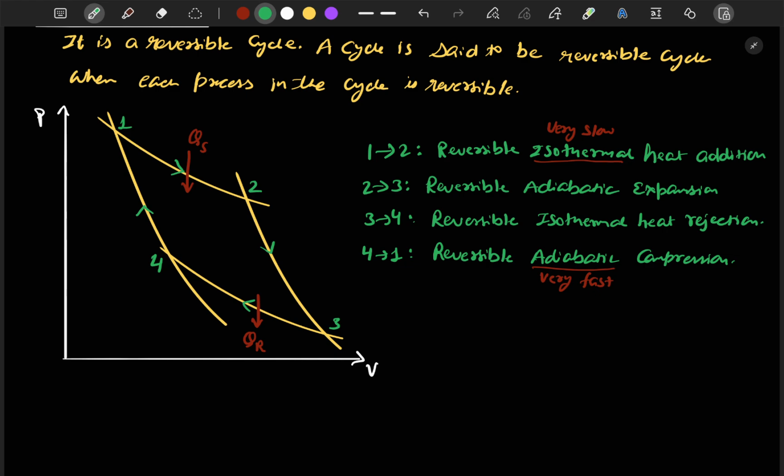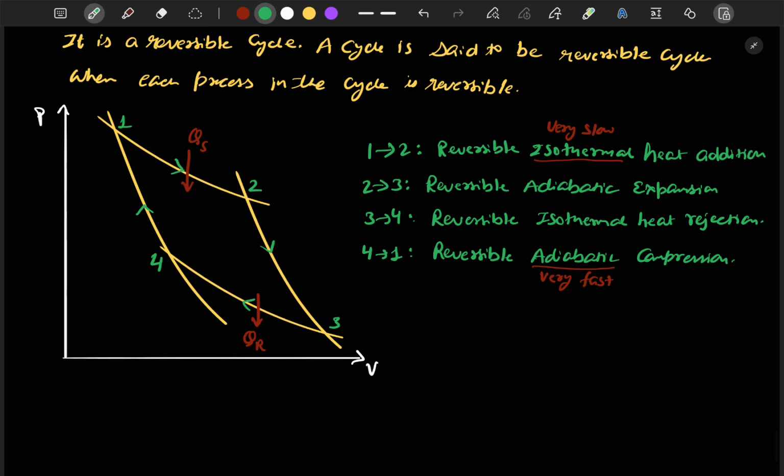The Carnot cycle isn't a real cycle. It is only a theoretical cycle that we have made, which will have the highest efficiency, and we use it for the comparison of other actual cycles which are feasible.